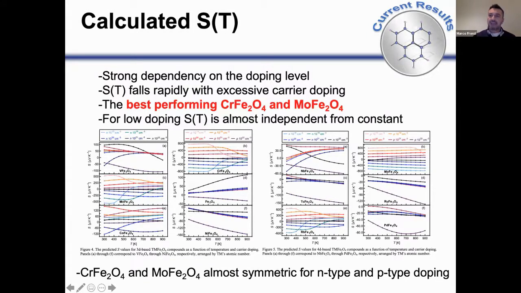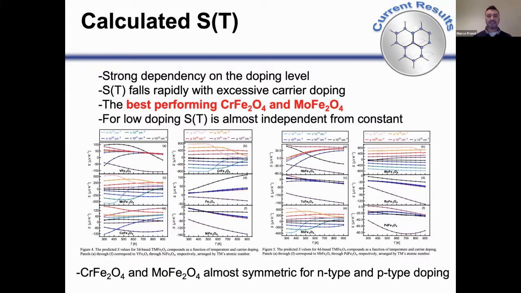We notice that, generally speaking, there is a strong dependency on the doping level. Second, there is a strong dependency on the temperature, which is normal, as the Seebeck coefficient sometimes changes hugely between low and high temperatures.